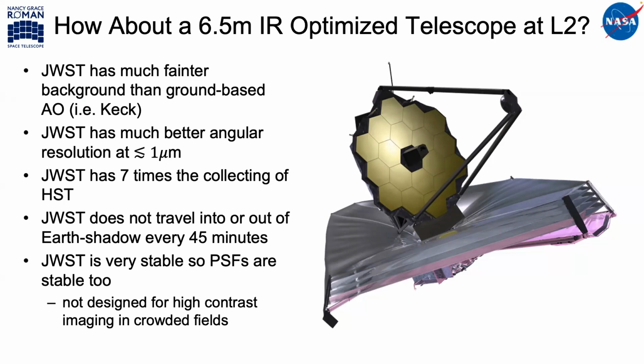It does not travel in and out of Earth's shadow every 45 minutes, and this means that the PSFs are much more stable. It's not designed for high contrast imaging in crowded fields. However, that doesn't mean that it won't do a good job.